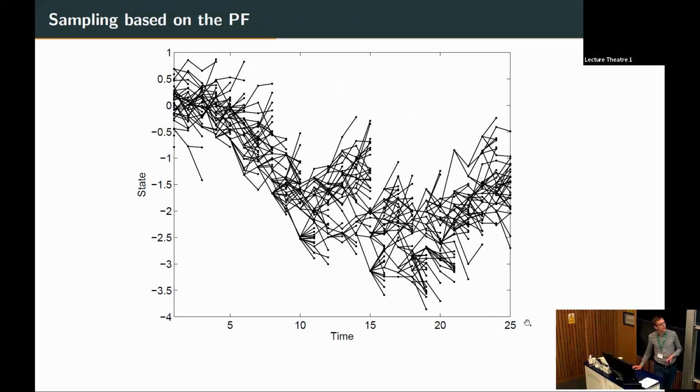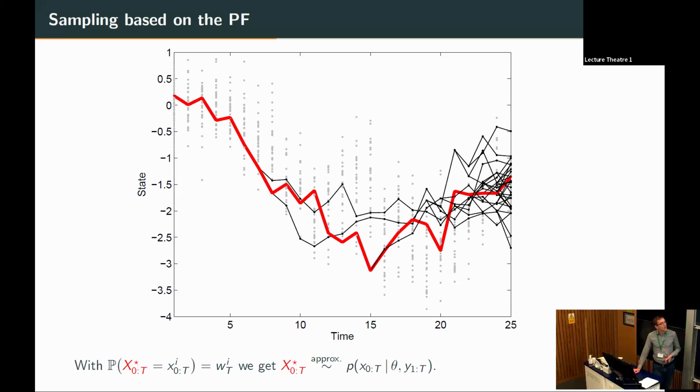So capital T here would be 25. And when I'm done, I sample one of the particles at the final time point with probabilities given by their final importance weights, these W capital T. And then I trace that particle, its genealogy, backward in time.